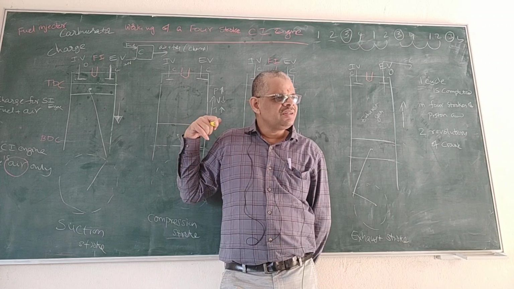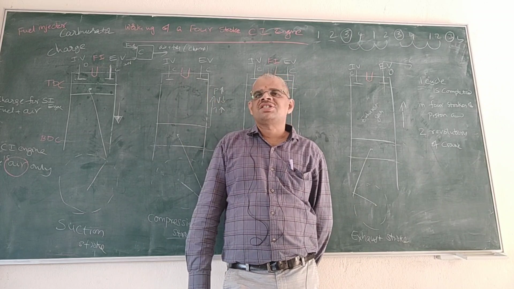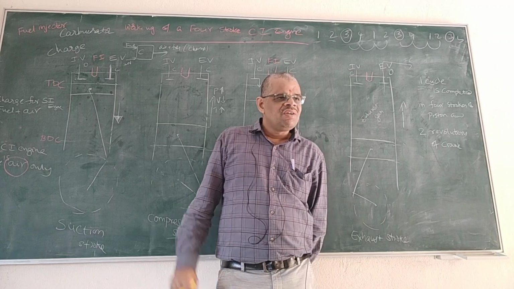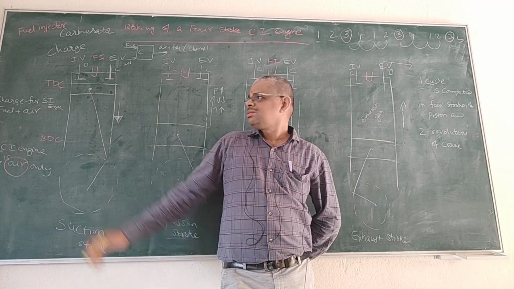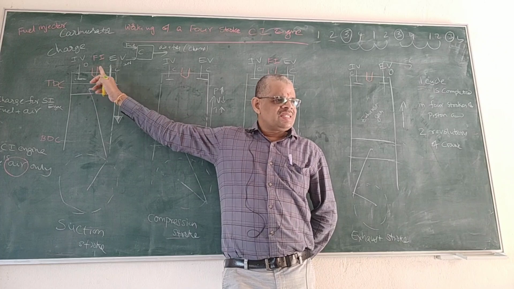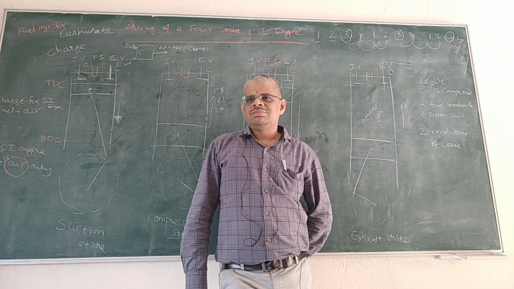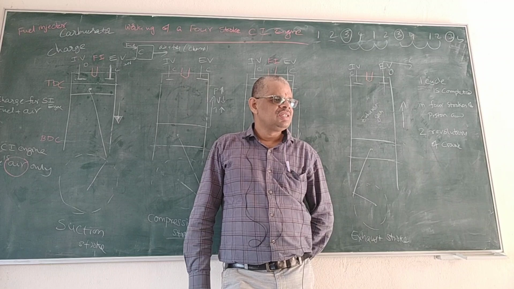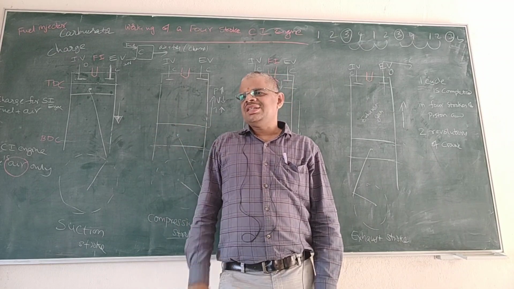In case of CI engine, only air is taken as charge into the cylinder during the suction stroke. So this is another difference. What is the next difference in terms of components? The spark plug in SI engine is replaced by a fuel injector. So these are the major differences between SI engine and CI engine.